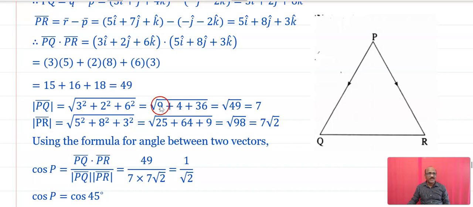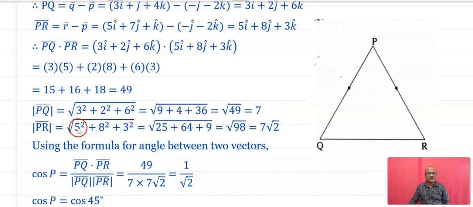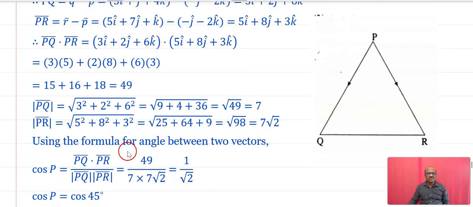Here you will get 9 plus 4 plus 36, that is root of 49, that is 7. And PR is 5 square plus 8 square plus 3 square, that is 25 plus 64 plus 9, that is root of 98. It can be written as 49 into 2, that is 7 root 2.